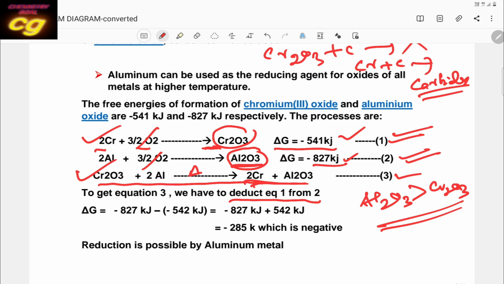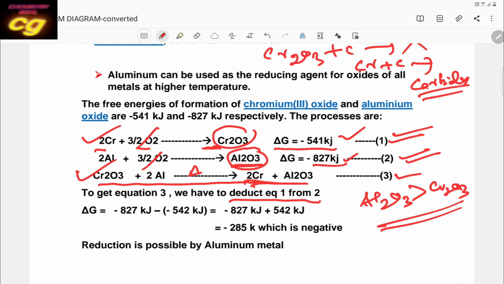But what is the del G change? As per the equation, to get equation 3 we have to deduct equation 1 from 2.